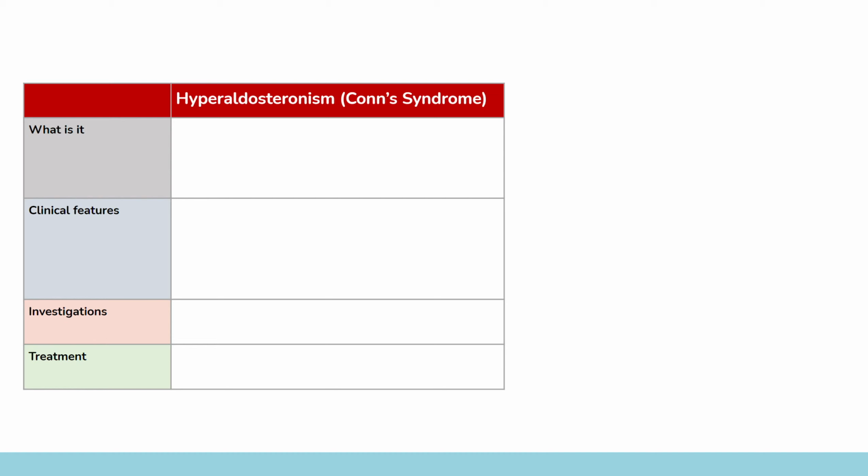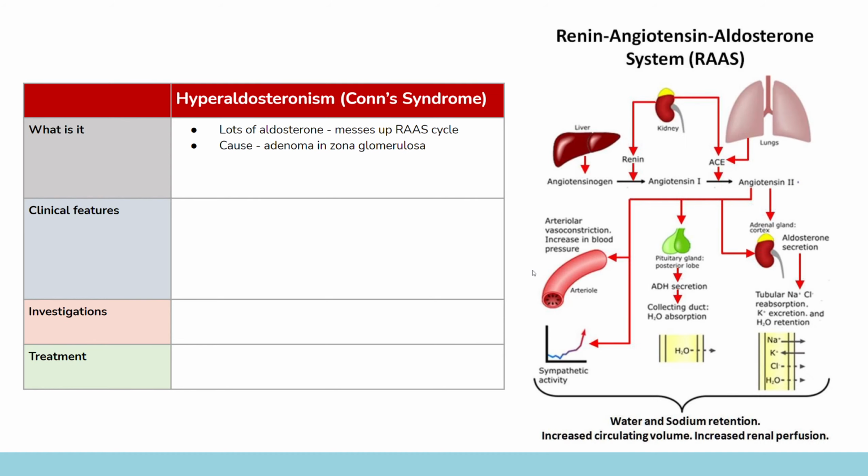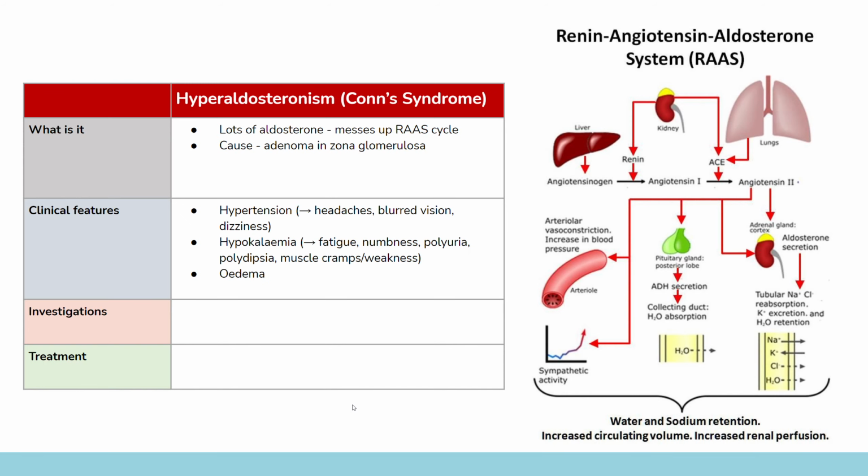Okay, onto hyperaldosteronism. It's also called Conn syndrome. So that's when you have lots of aldosterone, as you can tell from the name, hyper, lots, aldosteronism, aldosterone. And basically that messes up the RAS cycle. So it's usually caused by an adenoma in the zona glomerulosa. And so what you get is, when it messes up the RAS cycle, you get hypertension, which can lead to headaches, blurred vision, dizziness.